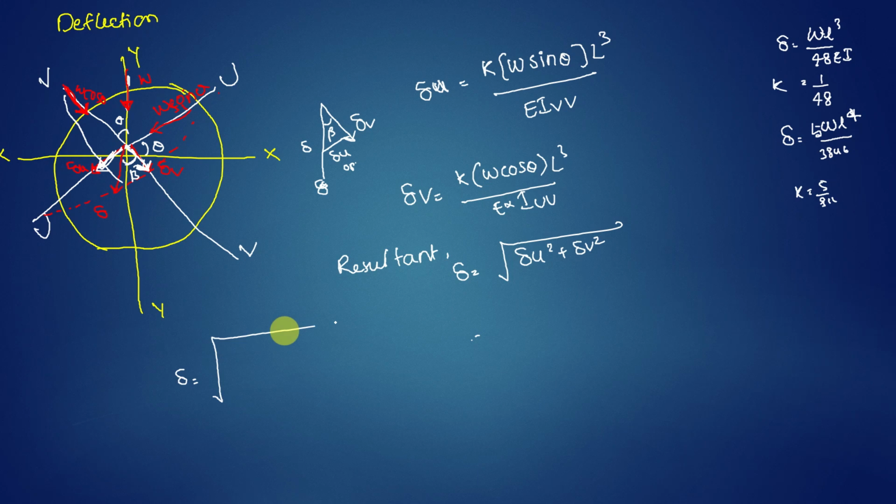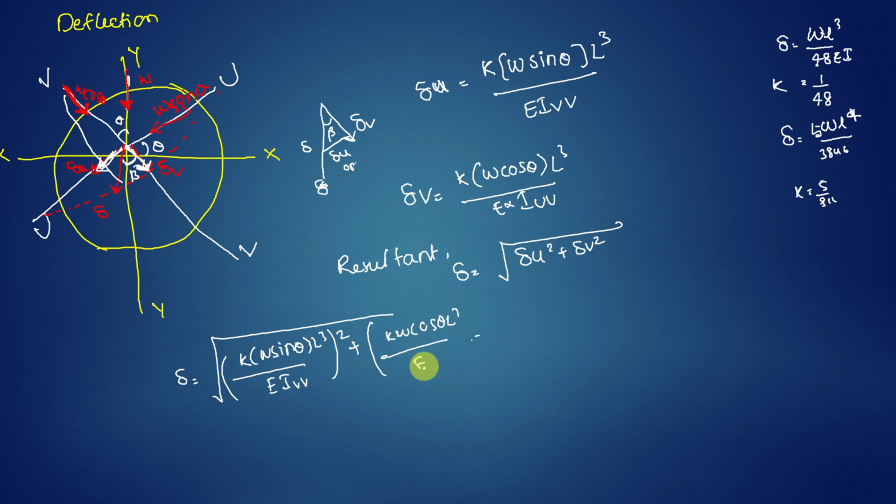Delta is equal to under root of k into w sine theta into L cube by E into I_vv whole square plus k into w cos theta L cube by E into I_uu whole square. So you can see kwL cube by E whole square is common in both cases.